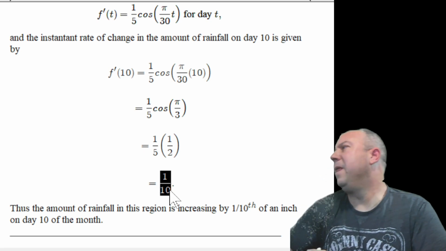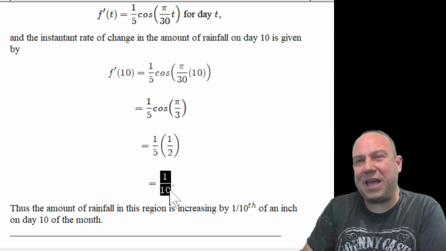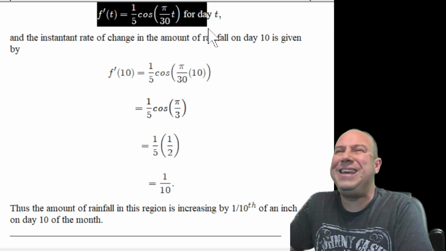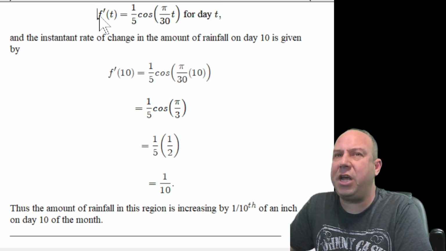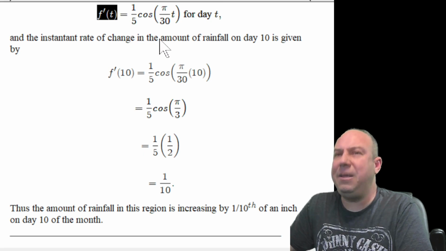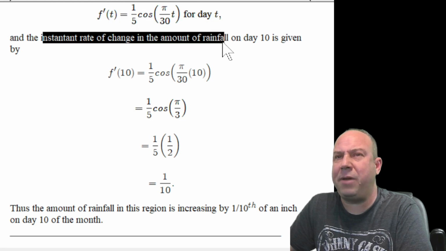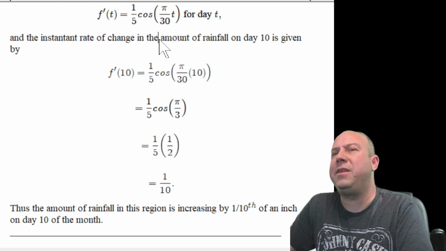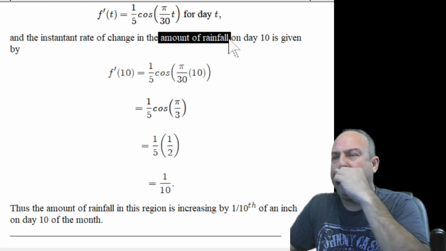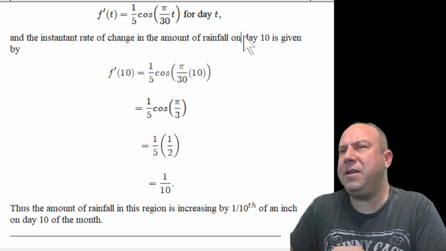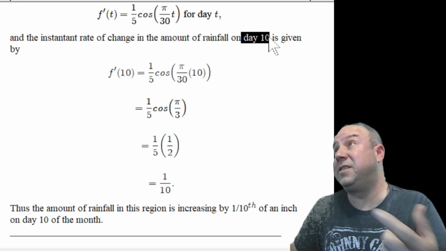All right? So, folks, that is derivatives. Derivatives describe instantaneous rate of changes in dependent variables. In this case, it's the instantaneous rate of change in the dependent variable described by the amount of rainfall on a given day of a month, where the independent variable is the day.